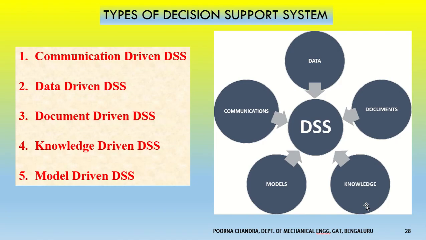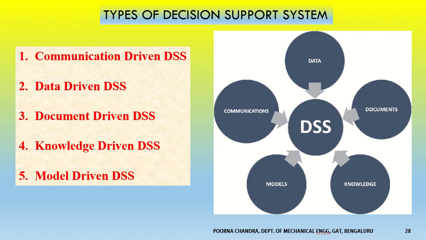Next, types of decision support system. What are the different types of decision support system? Number one, communication driven DSS. Number two, data driven DSS. Number three, document driven DSS.